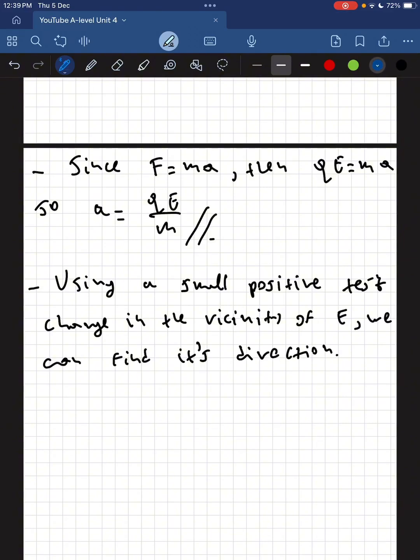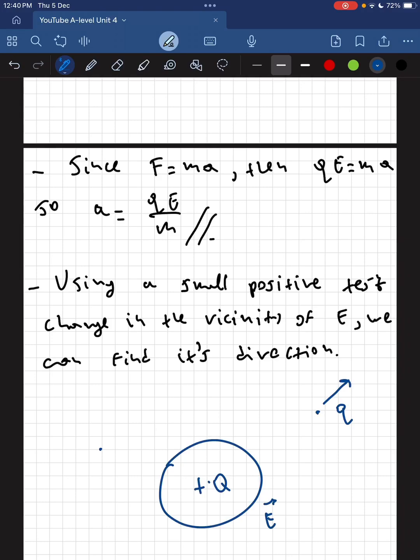So if I have, say, a spherical charge distribution with charge Q, it sets up an electric field E in all space. If I put a small test charge there, it's going to be pushed away in that direction that connects the center of the sphere with this test charge.